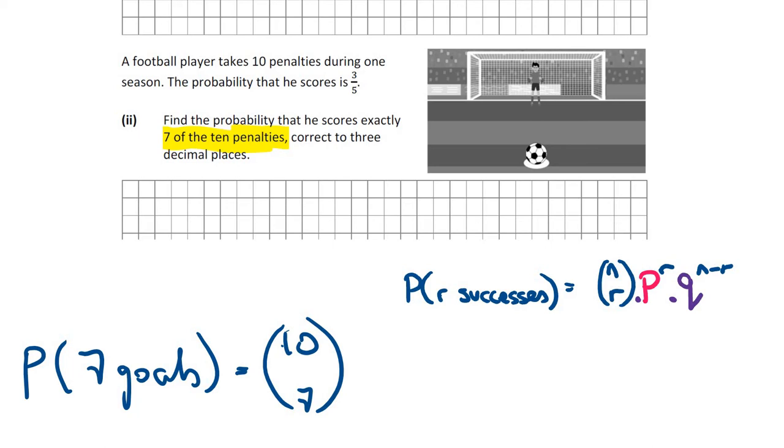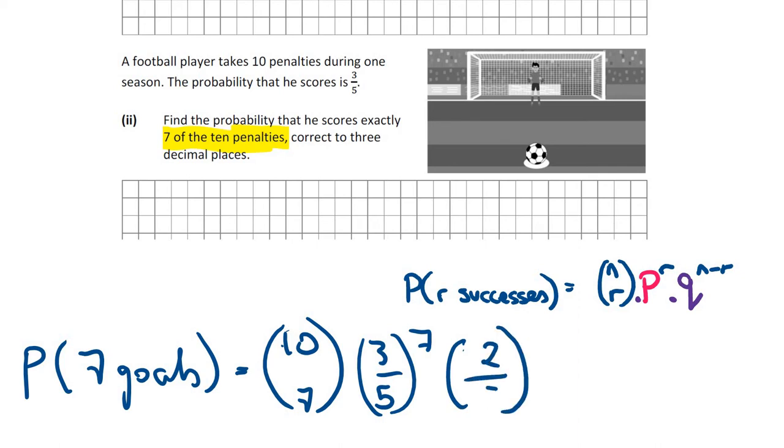Then it's the probability of success, which is 3/5, to the power of 7, times the probability of failure, which must be 2/5, all to the power of n minus r, which is 3. That gives us 0.21499. It says to 3 decimal places, so the answer is 0.215.